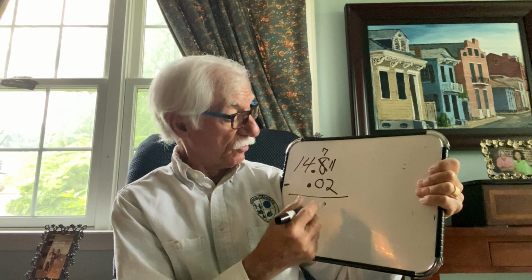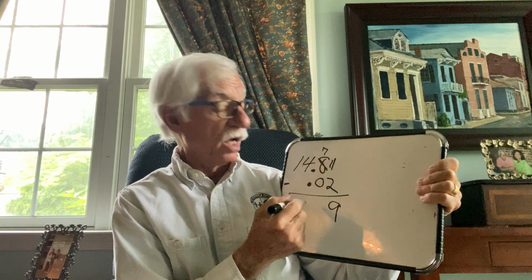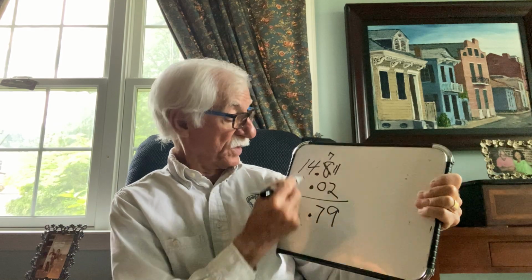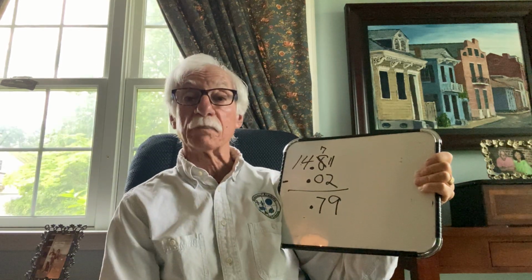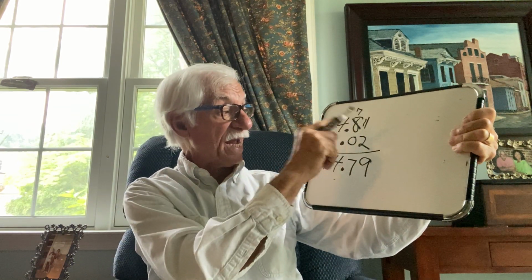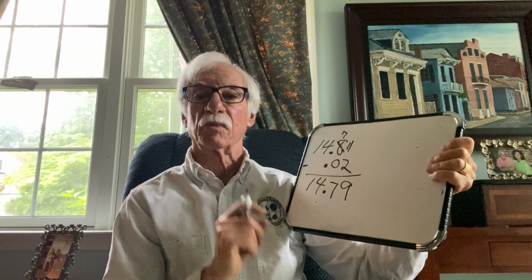Take away 2 hundredths, leaves me with 9 hundredths. I have 7/10, take away 0/10, so I have 7/10 still. And I didn't have any whole numbers to take away, so I have 14 still in my whole numbers. So 14 and 81 hundredths take away 2 hundredths equals 14 and 79 hundredths. Tricky exchanging decimal fractions.